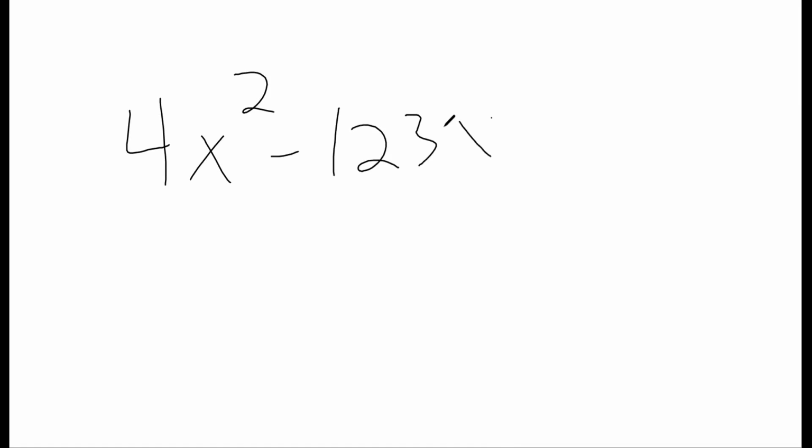Now, the next thing we're going to do is talk about completing the square. Now, completing the square, that's where things get really interesting. Factoring doesn't always work. If I gave you something nasty, boy, 4x squared minus 123x plus 17.